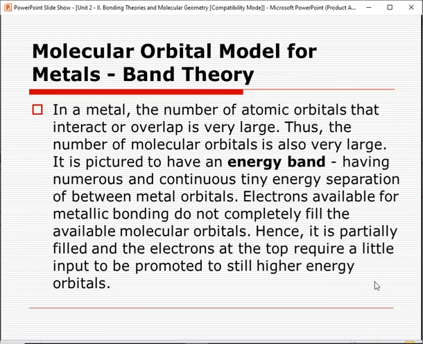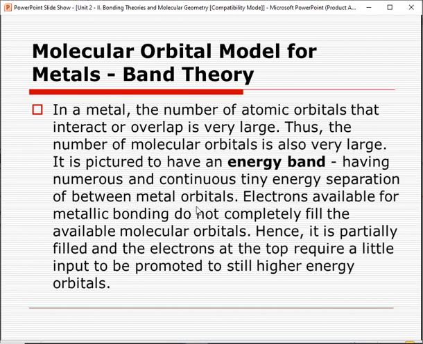In a metal, the number of atomic orbitals that interact or overlap is very large. Thus, the number of molecular orbitals is also very large. It is pictured to have energy band, dili na atomic orbital or molecular orbital, but energy band, having numerous and continuous tiny energy separation or between metal orbitals.